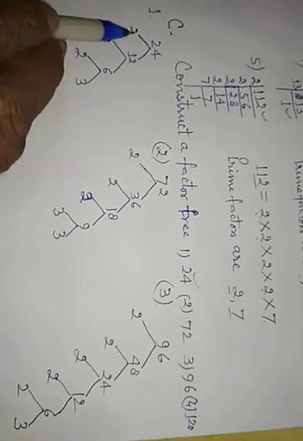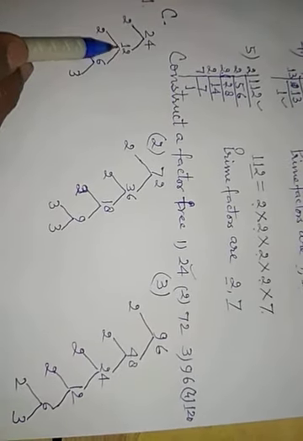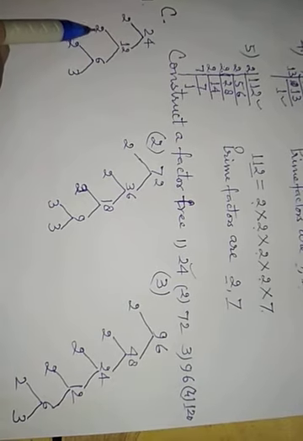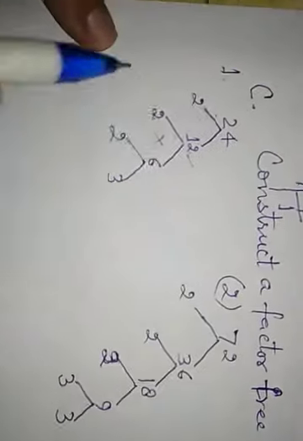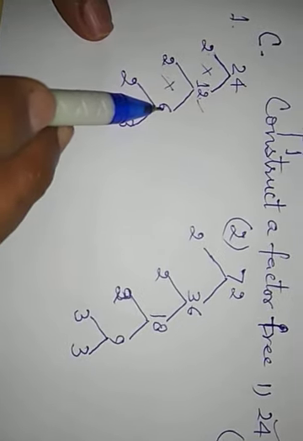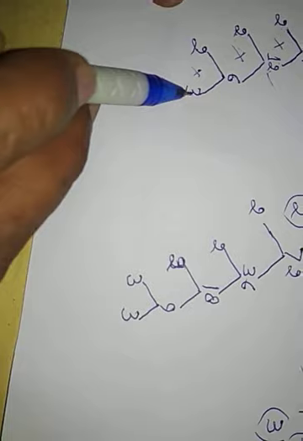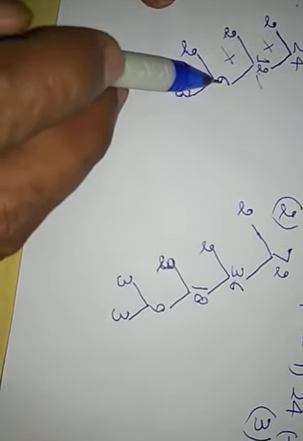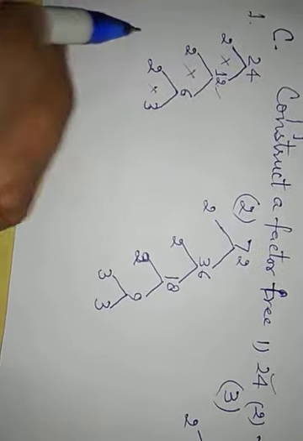Now 12 can be written as 2 into 6. 6 2s are 12. Understood? Then next, 6 can be written as 2 into 3. 2 3s are 6. So this is a factor tree. This is known as a factor tree.